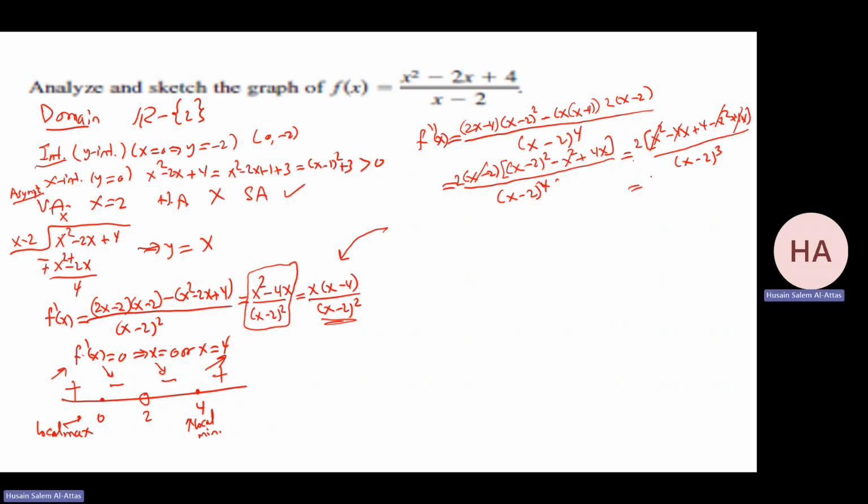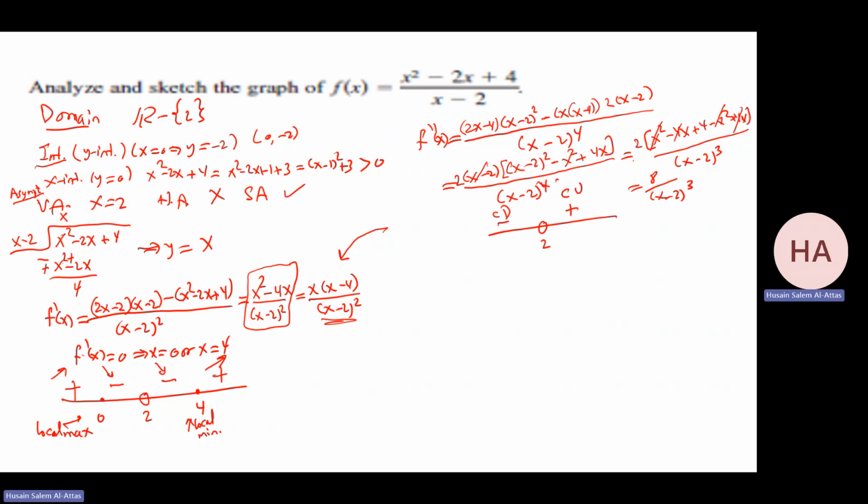That gives me 8 over (x minus 2) cubed. So I'll be concerned only about 2. Before 2, this is negative, so it's concave down, and after 2 it is concave up.